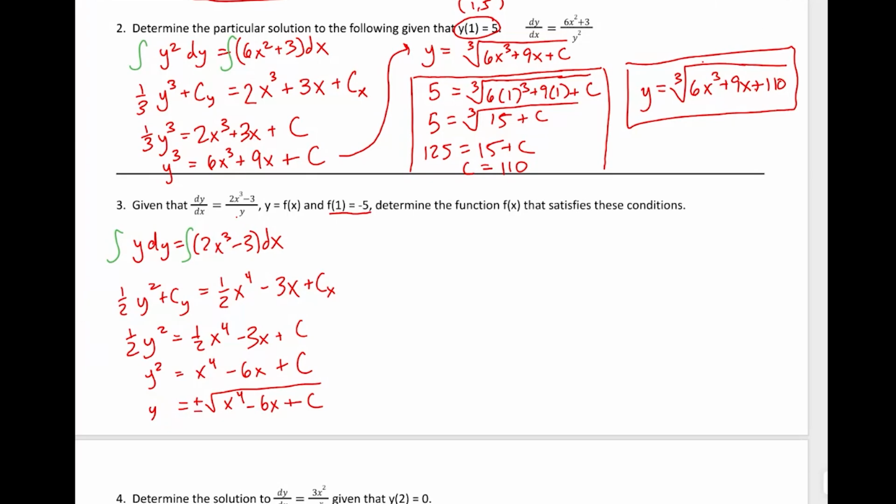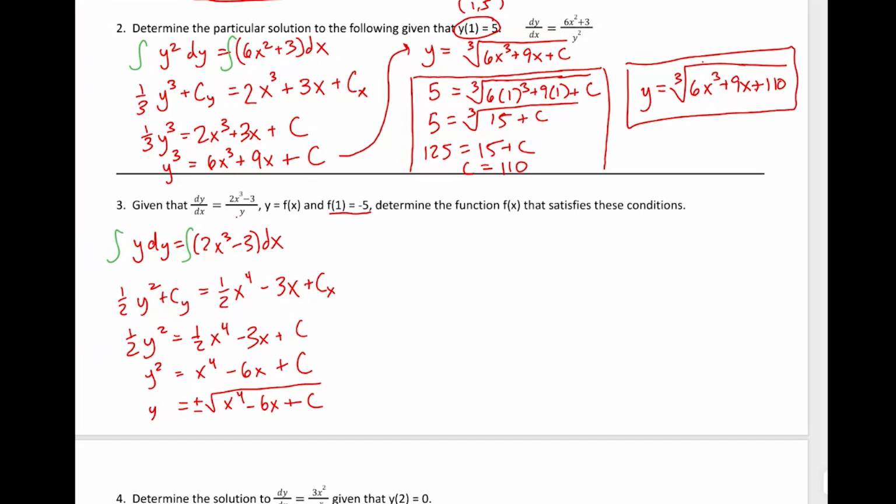Now, when we have a function, it can only have one output for any given input. And so since the value that I know, f of 1 equals -5, tells me that that output, at least at one point, has got to be negative. But this function is either going to output all positives or all negatives, right?